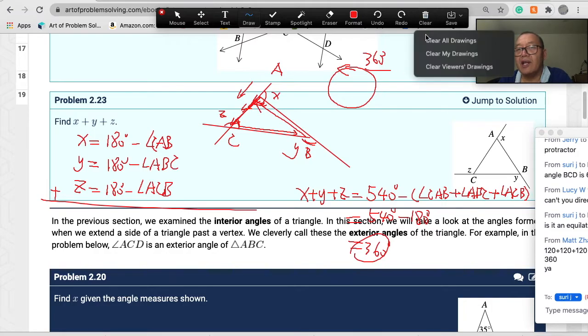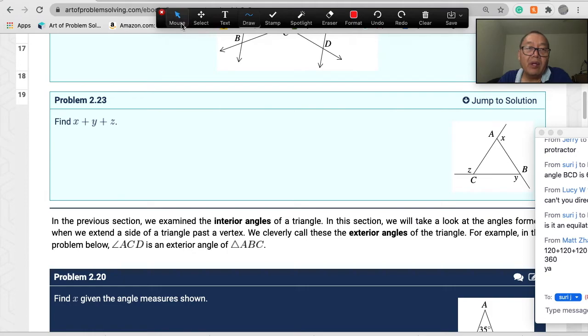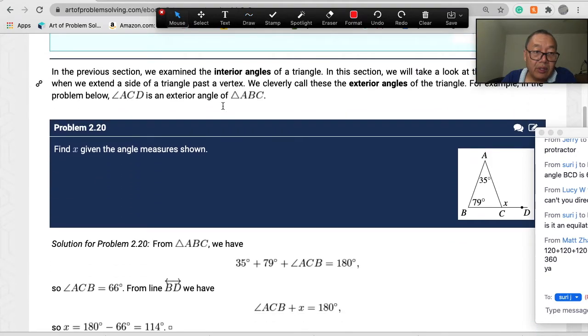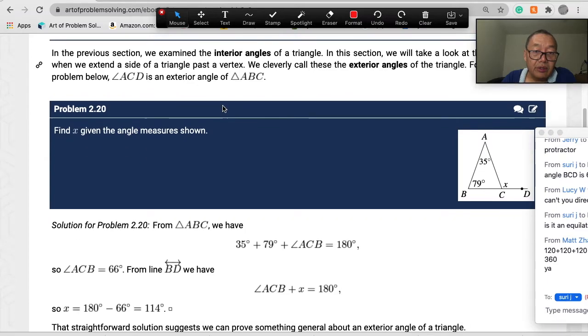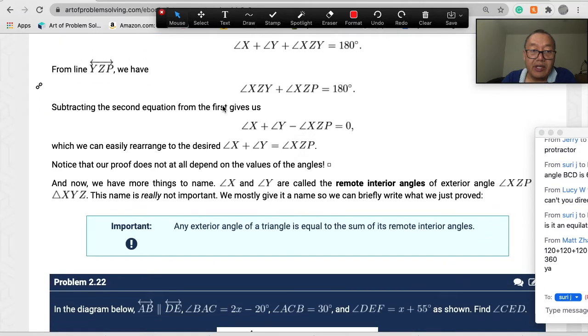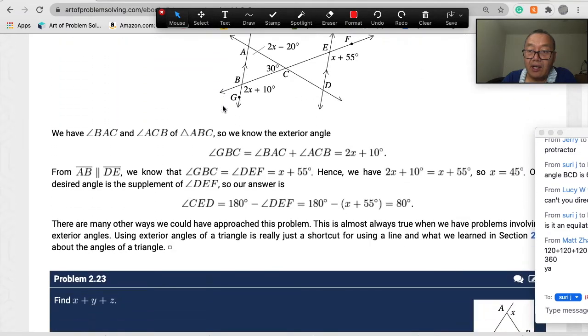You can understand it this way. Then we already finished this section.